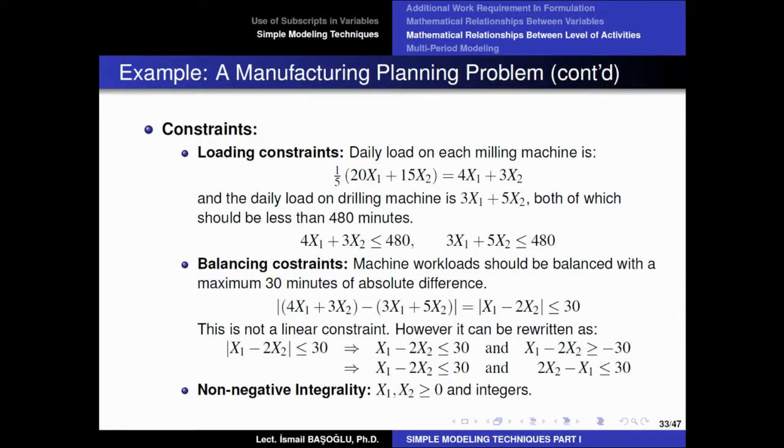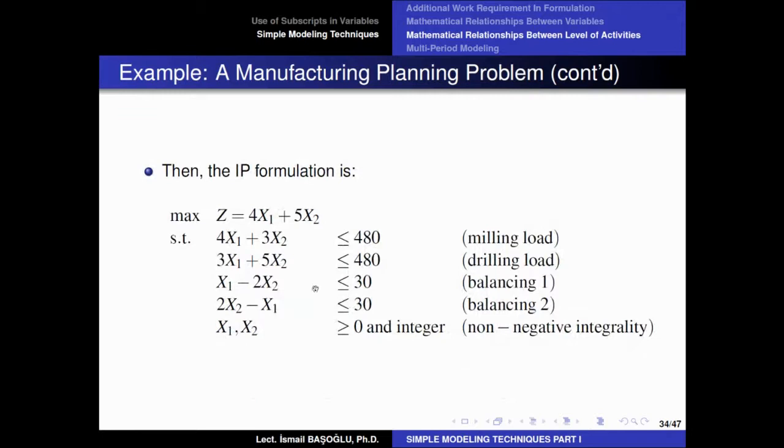For calculating the load on any milling machine, again, we were calculating the required milling time for each part. However, the sum was divided by 5 because there are 5 parallel milling machines. So the daily load for a milling machine was 4x1 plus 3x2. So these are bounded by 480 due to the daily workload limitation.